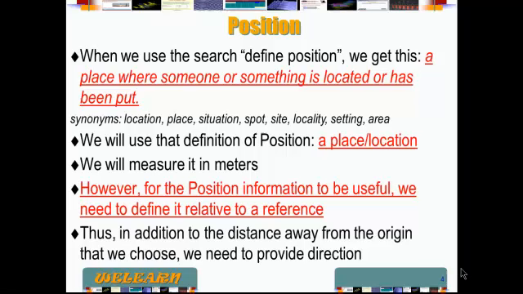Furthermore, in addition to the distance away from the origin that we choose, we need to also provide direction. Saying that something is 3 meters away does not tell us where it is exactly. But if you give a direction as well, you can know the exact position relative to that reference. In other words, position is a vector.